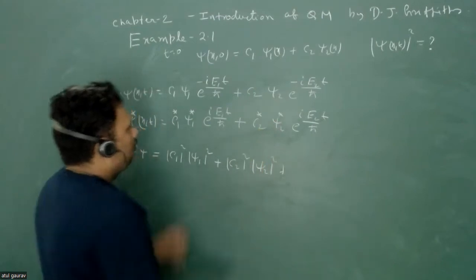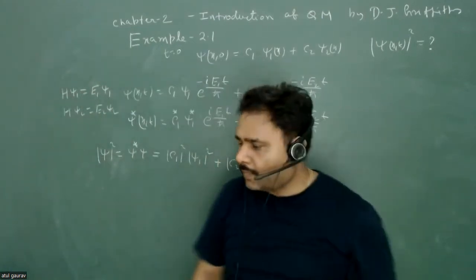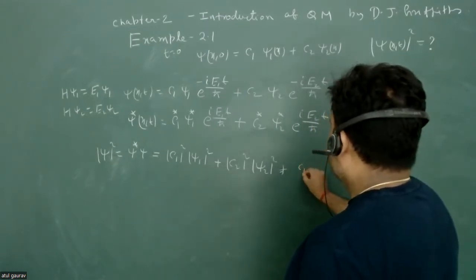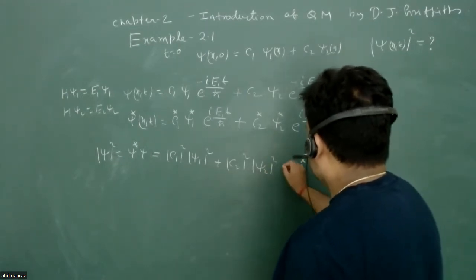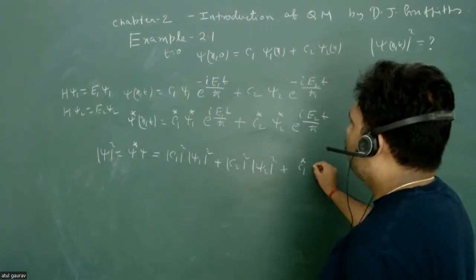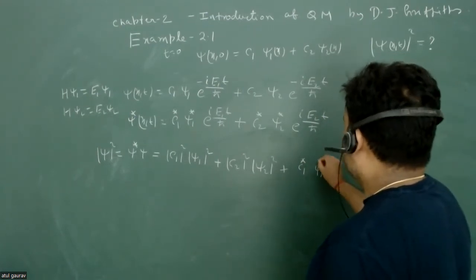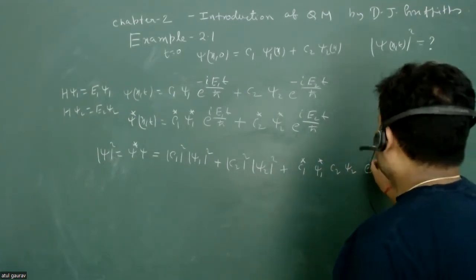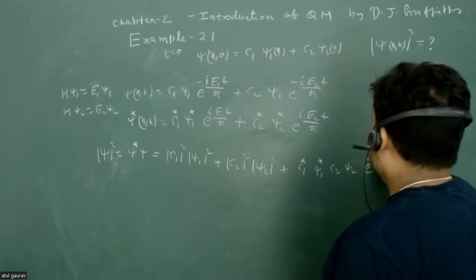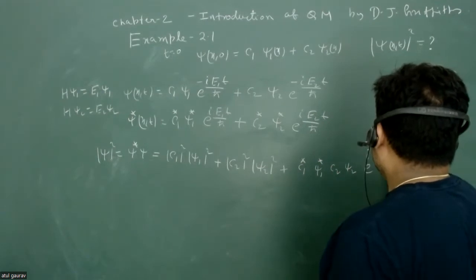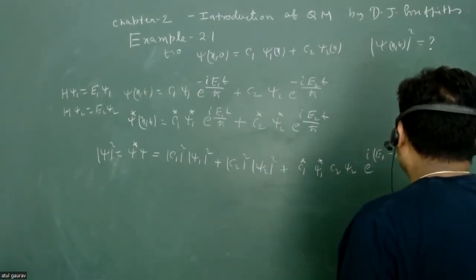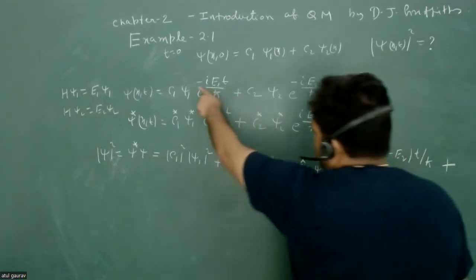So this into this. Now we will go for the cross term. When we go for the cross term, we have C1 star psi1 star C2 psi2 e to the power i (E1 minus E2) t upon h cut, plus the other term, which is this into this.